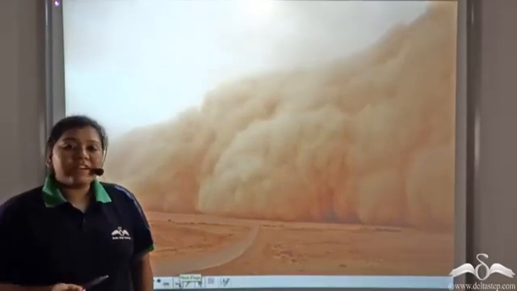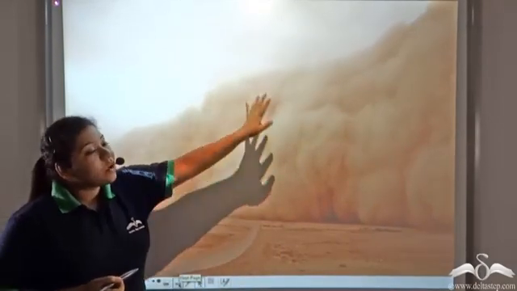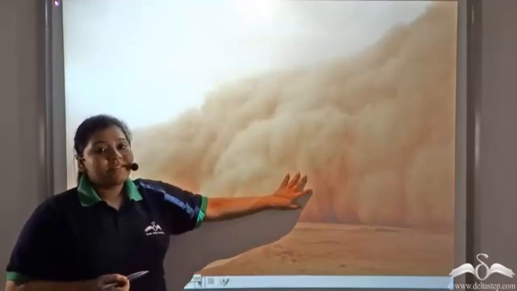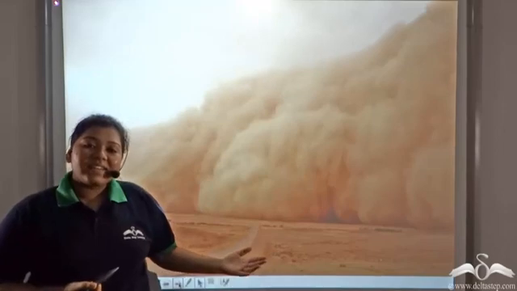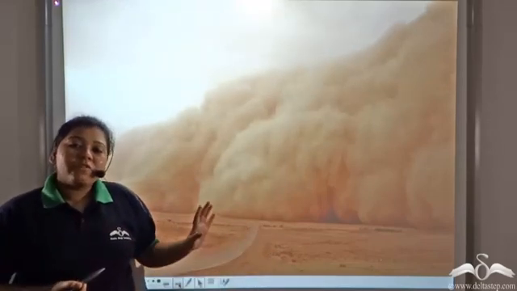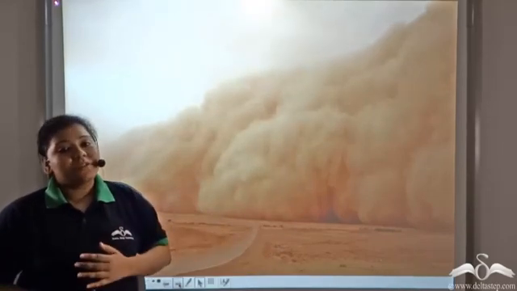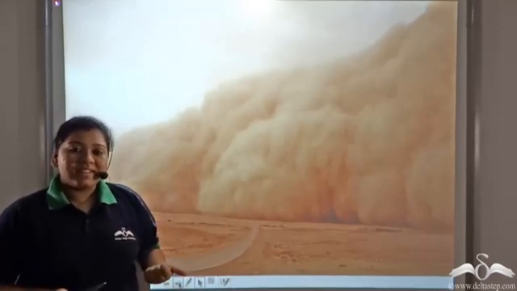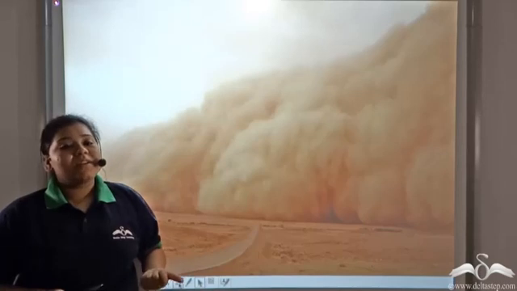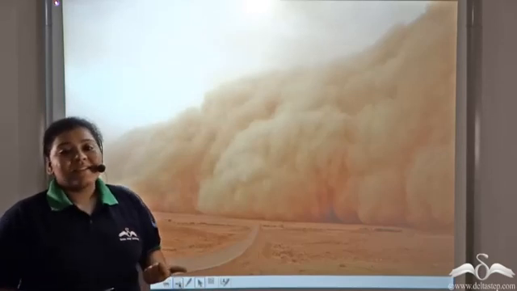Have you ever experienced a sandstorm like this? Well, during a sandstorm, the sand gets transported from one part to another part. And what is the transporter? Yes, the transporter is the wind.